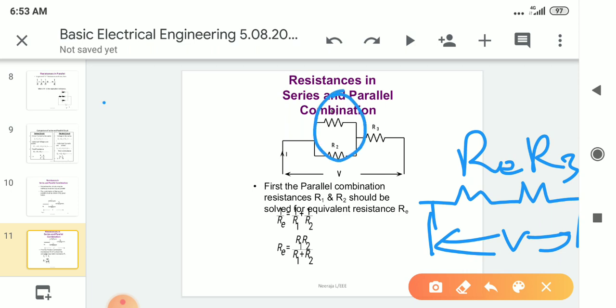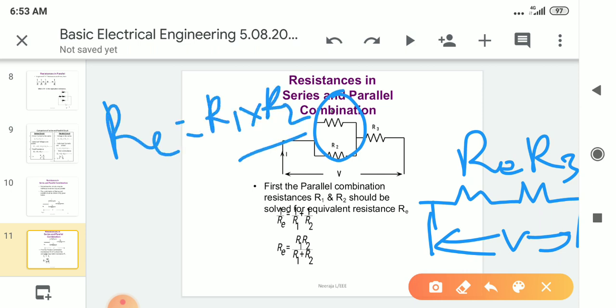This equivalent RE is R1 into R2 by R1 plus R2. Instead of taking these two resistors, we will take only a single resistor. It is replaced by its equivalent resistance. How to calculate this equivalent resistance? Here our circuit is a parallel combination. That's why R1 into R2 by R1 plus R2. Then instead of writing this, we write it as R suffix E.